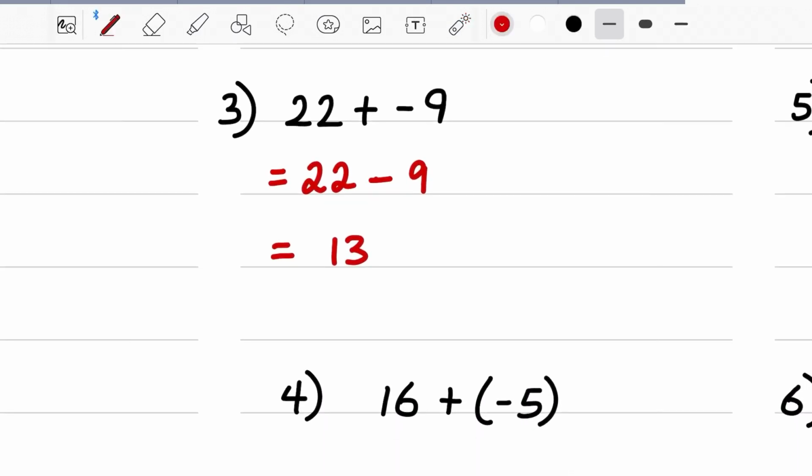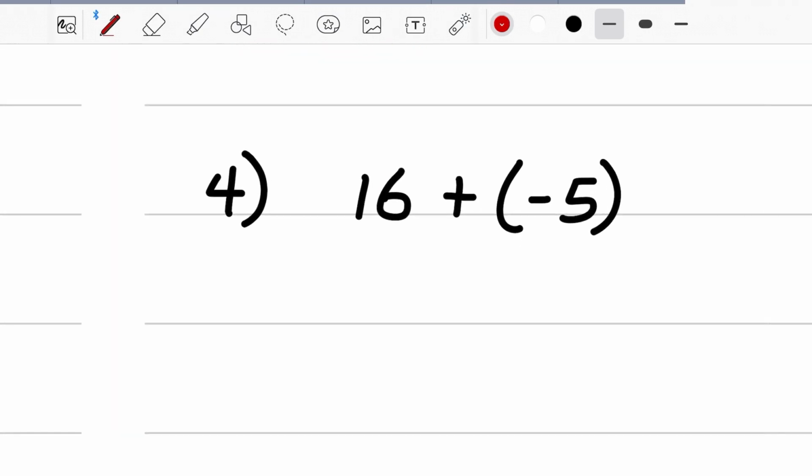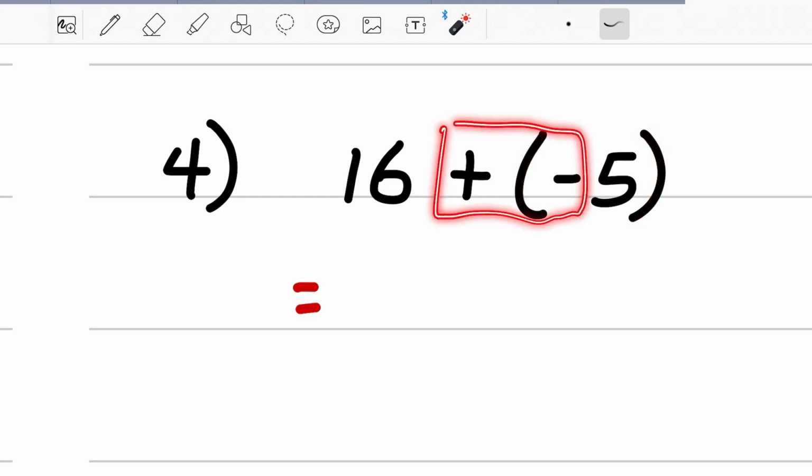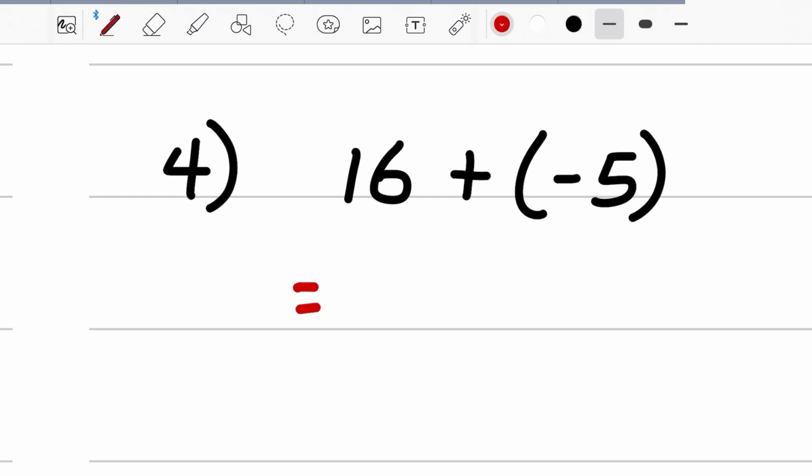Moving on to example 4. We have 16 plus (minus 5). So again, separated by brackets, which is more common. But still we have signs next to each other. So 16 plus minus 5 is going to be simplified as 16 minus 5.